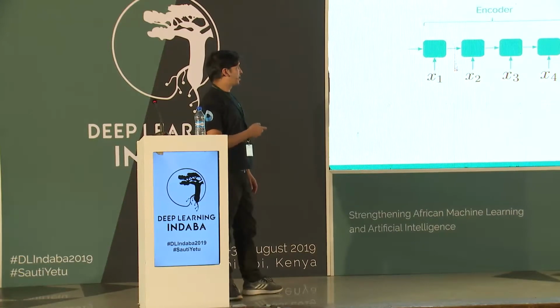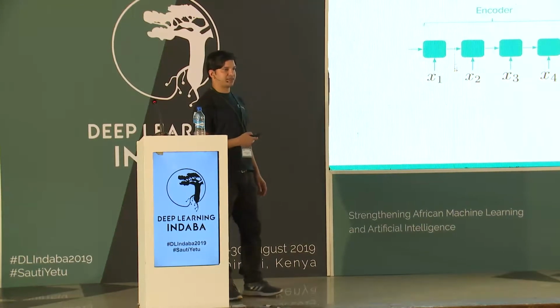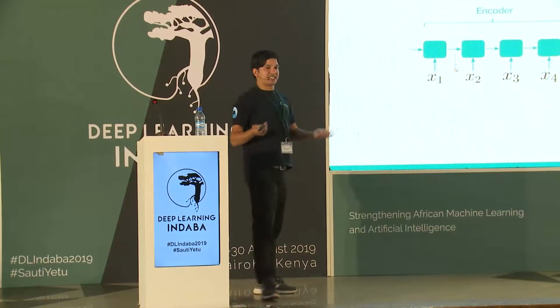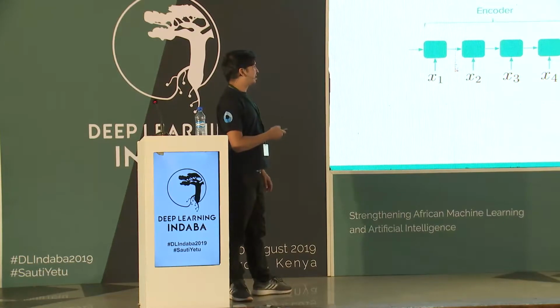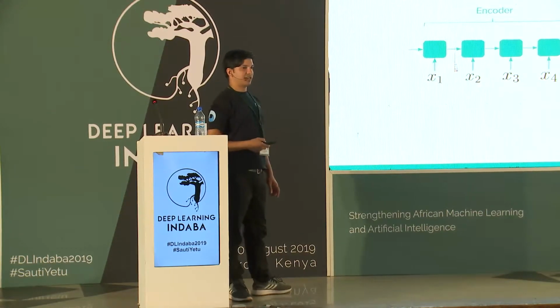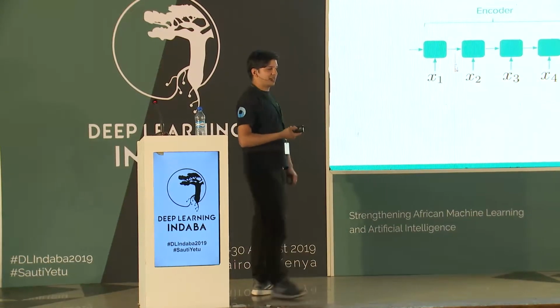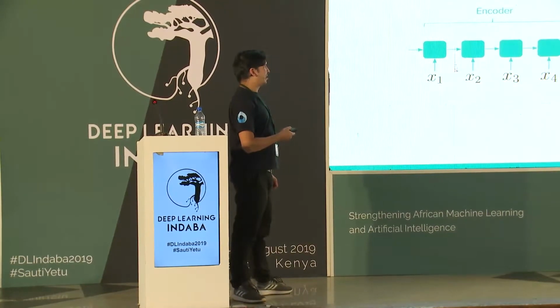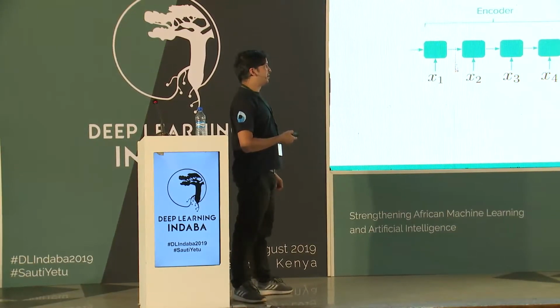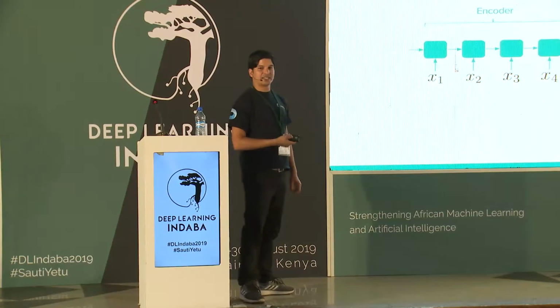It creates a representation of that sequence of 4 words, which we call a context vector. The context vector is really just the last latent state of the input RNN. So we just record the last latent state, and we call that a context. We feed that as the initial state into a decoder RNN. Now the decoder RNN is basically just generating a new sentence in a different language, say French.